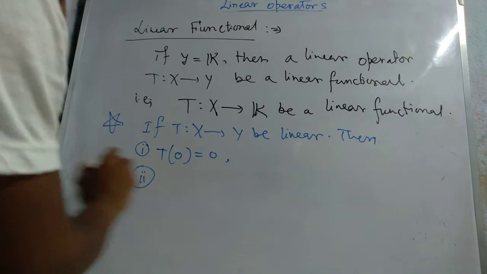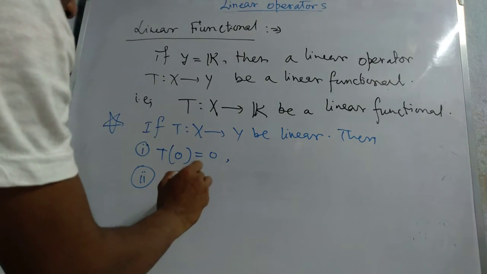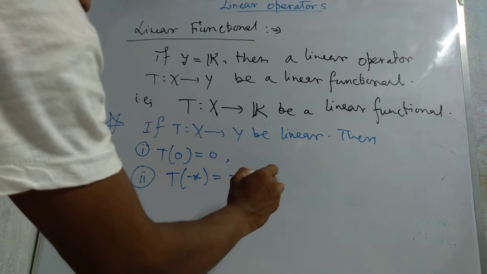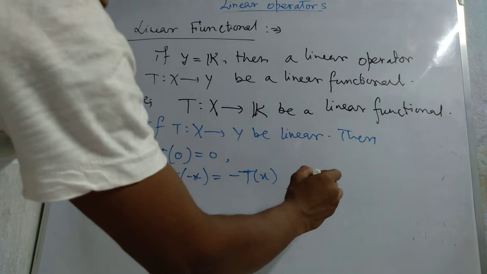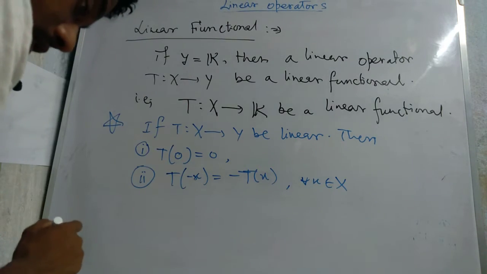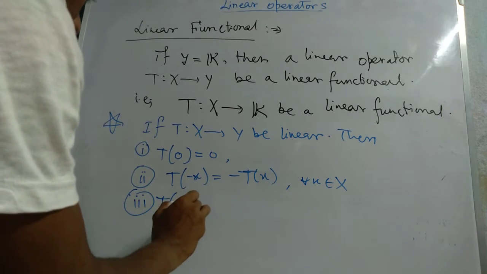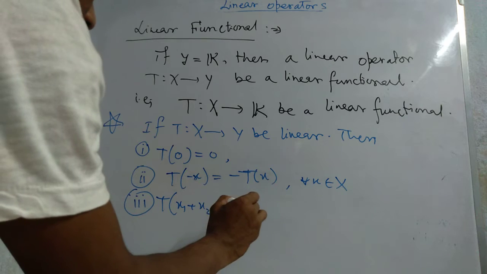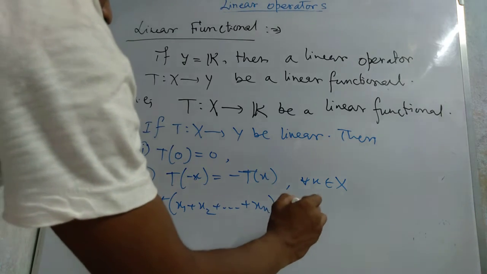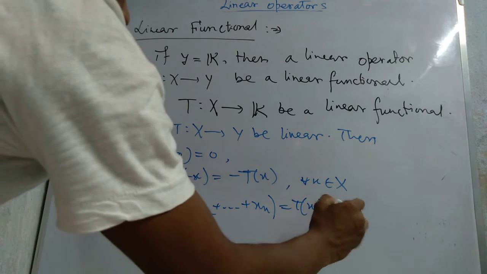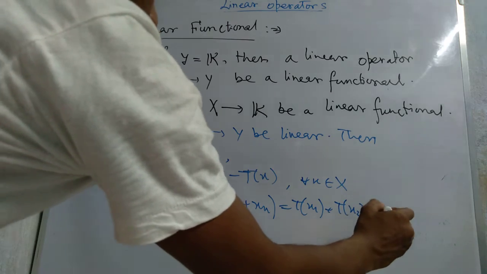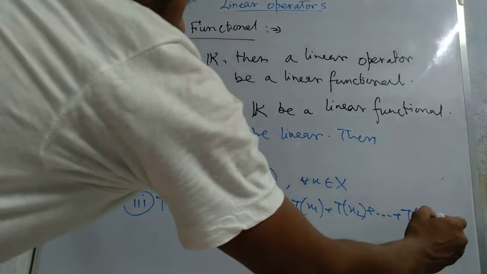Second, T of minus x equals minus T x. Third, T of x1 plus x2 plus dot dot dot plus xn equals T of x1 plus T of x2 plus dot dot dot plus T of xn.